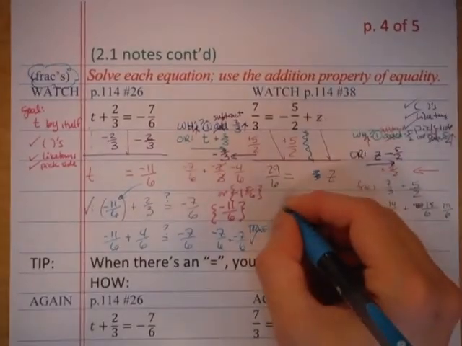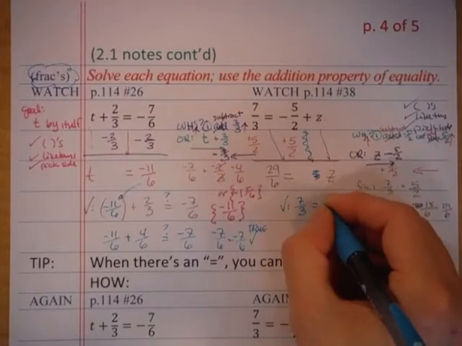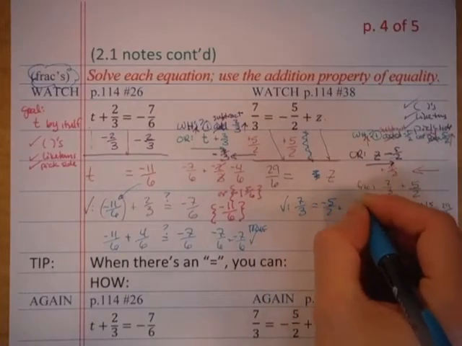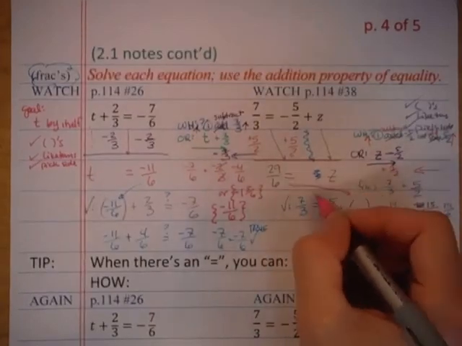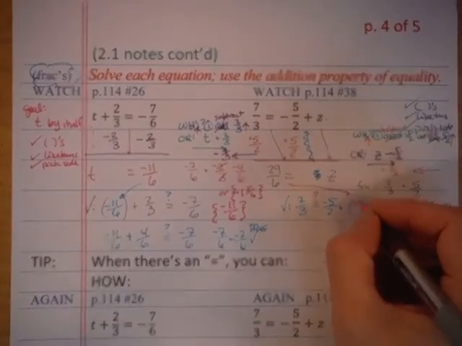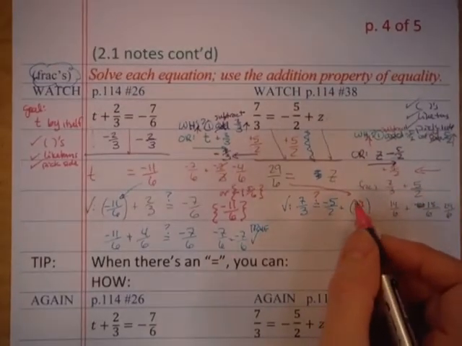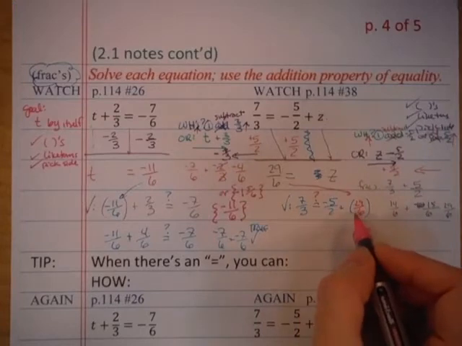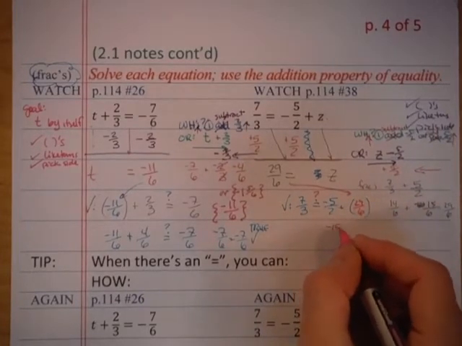I'm going to take a moment to check that. And I go back to my original equation, 7/3 equals -5/2 plus Z. If I put in my answer there, will it equal? Will it make the original equation true? So 29/6. Do a little fraction work here. Get common denominators. -5/2 is going to become -15/6.